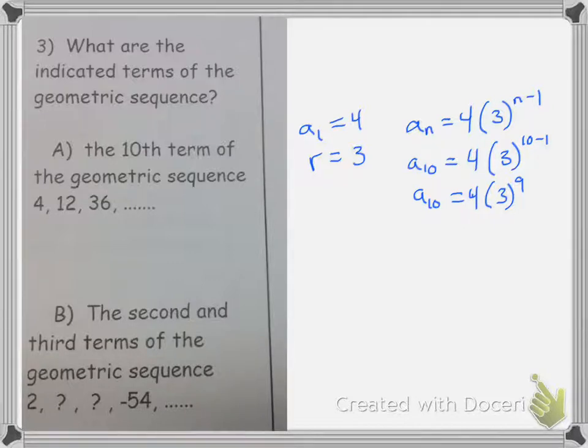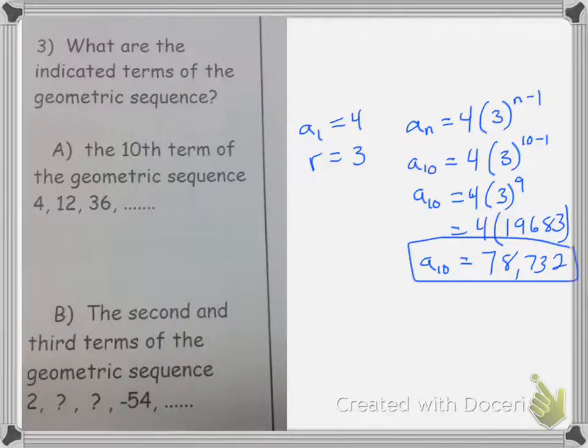It's only the 3 being raised to the 9th. So do 3 raised to the 9th, and that's going to be 19,683. Times that by 4, and I get the 10th term is 78,732. These numbers will get a little bit larger because we're multiplying here. It's going to get larger a lot faster than just adding a number.